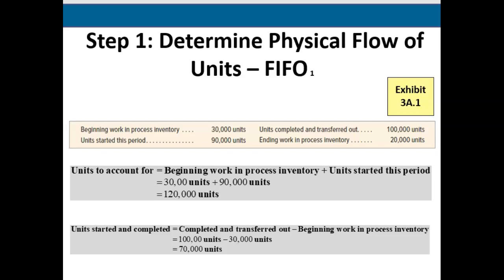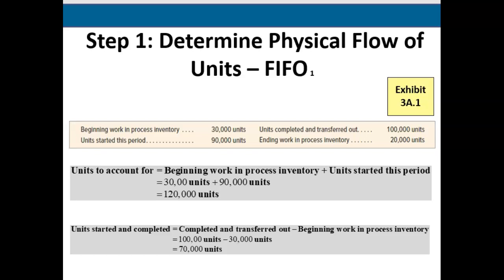Units accounted for, and using FIFO, we look at 3 groups of units when determining units accounted for: beginning work in process inventory, units started and completed this period, and ending work in process inventory. Beginning work in process inventory for roasting is 30,000 units, and its ending work in process inventory is 20,000 units. To get the number of units started and completed this period, we apply the following procedure.